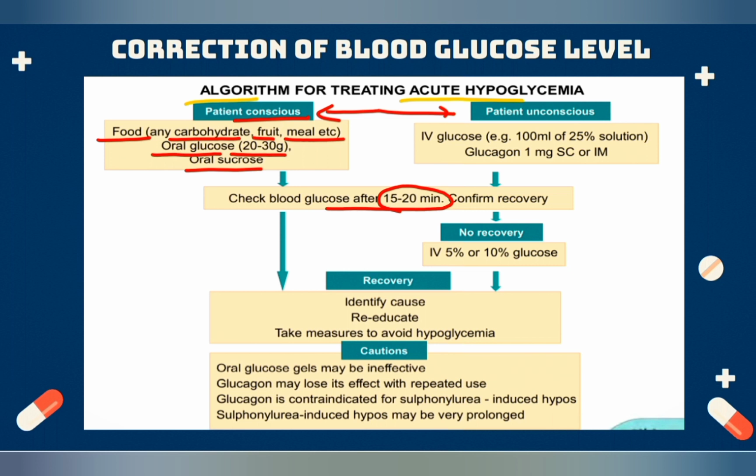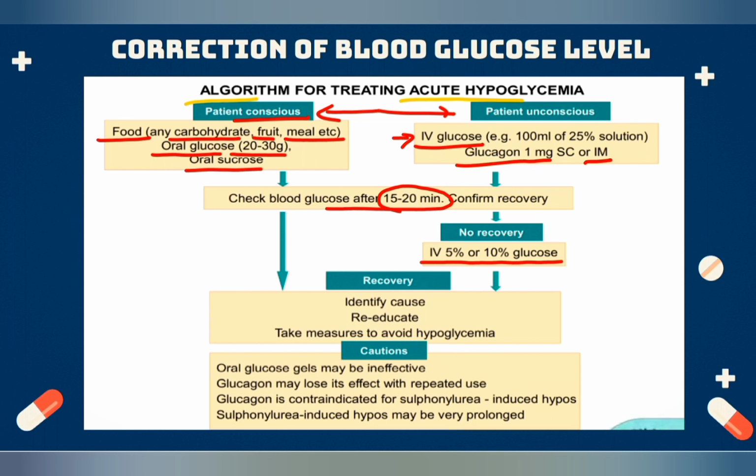If the patient is unconscious, in such a condition we need to give IV glucose, 100 ml of 25% solution, or we can give glucagon 1 milligram subcutaneously or intramuscularly, and again we need to confirm the recovery. If the person doesn't recover, then we need to repeat IV 5% or 10% glucose.